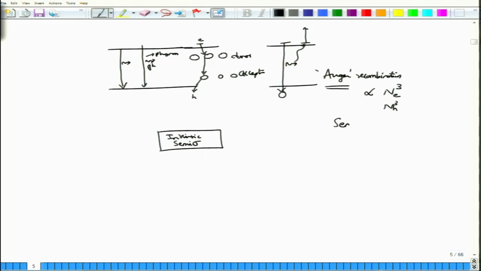So, here is my shorthand notation for a semiconductor. Sigma denotes conductivity or conductor. Therefore, I am just using this notation. This is not a standard notation. I am just using it to avoid writing conductor everywhere.